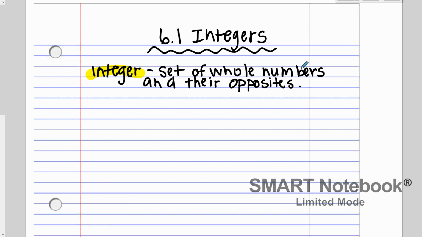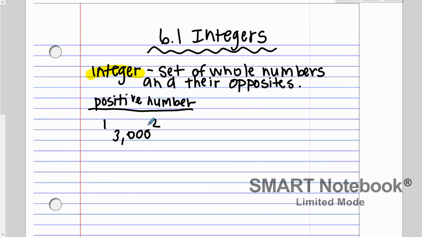Okay, so for example, an integer could be a positive number. Those are those whole numbers. Whole numbers are positive. So it could be a positive number like 1, 2, 3,000. Those are some examples of positive whole numbers.